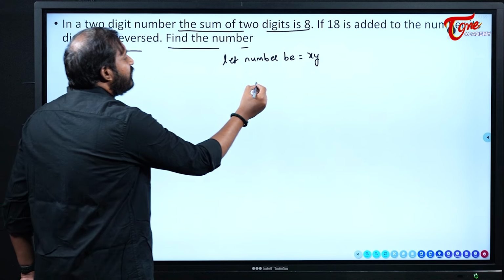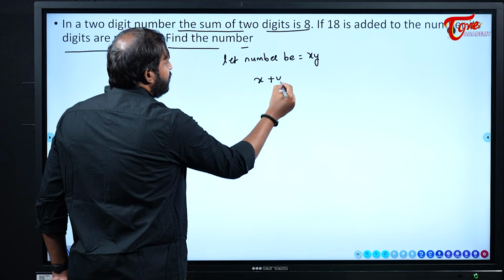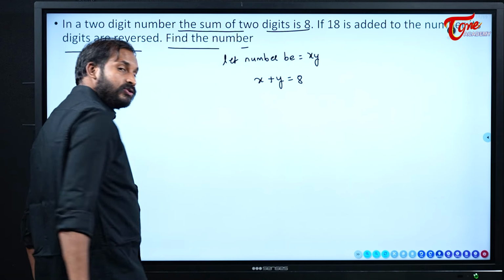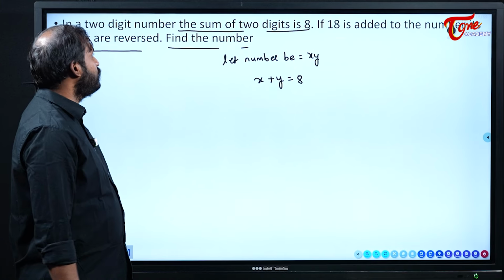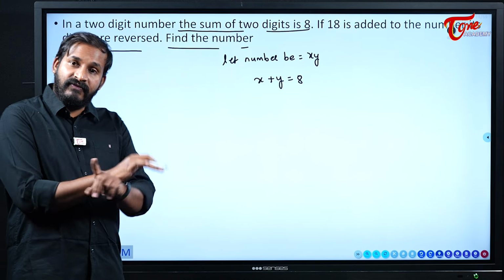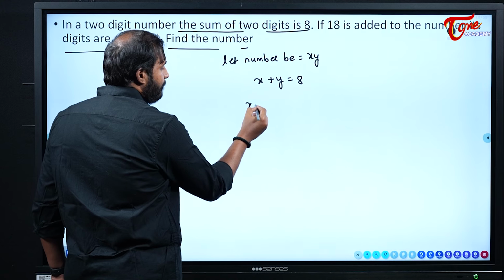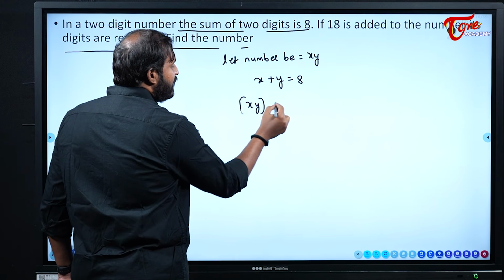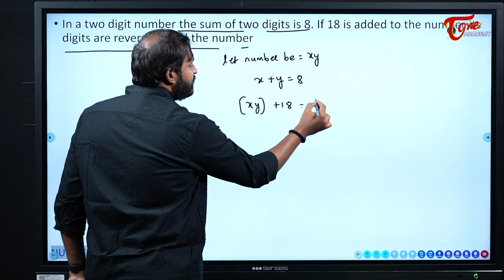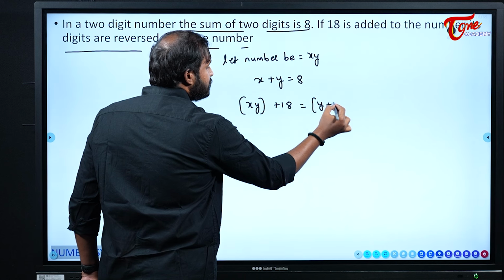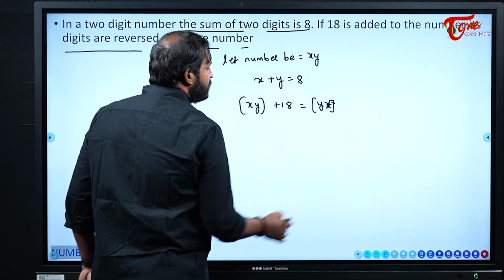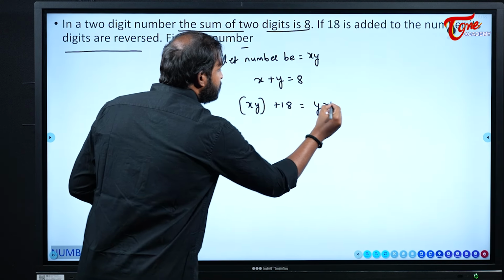Now, sum of the digits means x plus y, that is 8. Okay, superb. Next, if 18 is added to the number, its digits are reversed. That means what he is telling us is, when xy is added with 18, it is becoming yx.